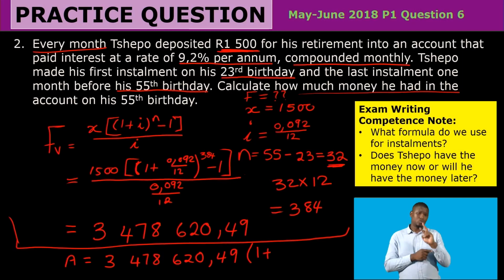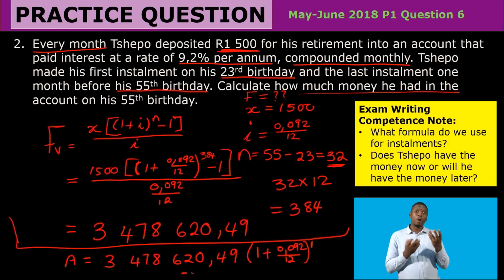And remember, we are keeping the same interest and it is compounded monthly, so that will be plus 0.092, divided by 12, and our period, of course, is just going to be 1 for that one extra month that the amount he had in his account is going to gain interest.